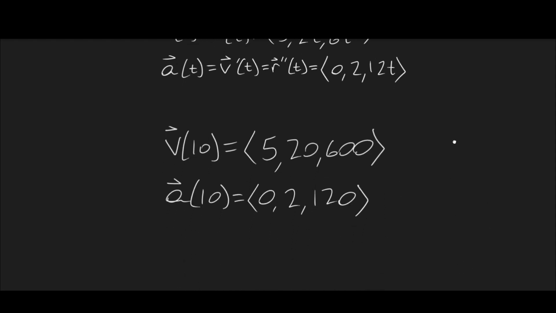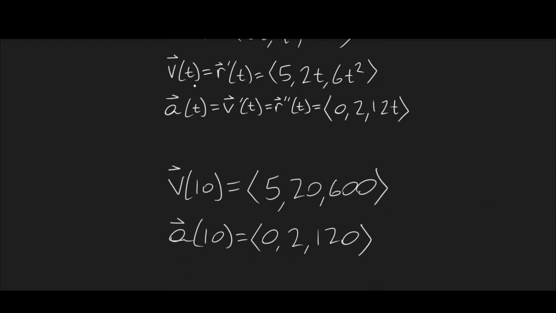And when we plug in the numbers, so when we plug in t equals 10, we get that the velocity equals 5 comma 2t, or 2 times 10, 20, and 6t squared: 10 squared is 100, so 6 times 100, 600.